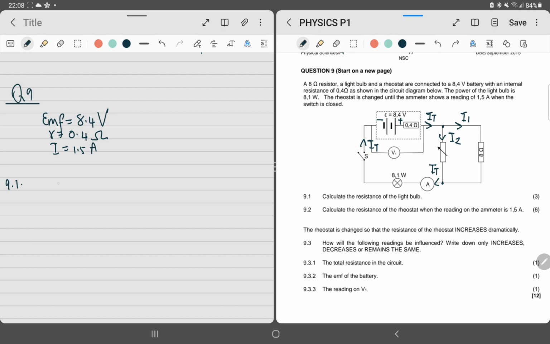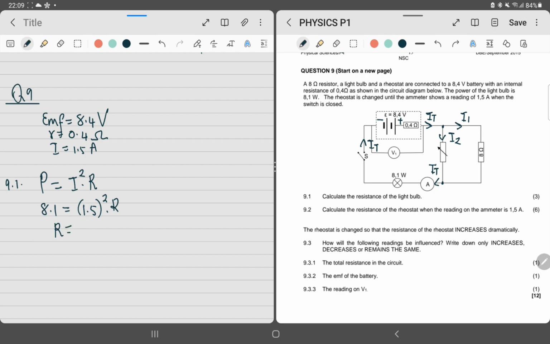So power should be equals to I squared multiplied by resistance. 8.1 should be equals to the current is 1.5 squared multiplied by the resistance.